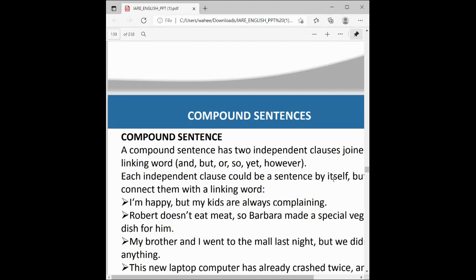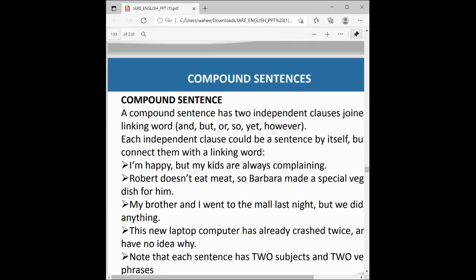I am happy, but my kids are always complaining. But you will see the same in the complex sentences: even though I do not make much money, is the complex sentence.